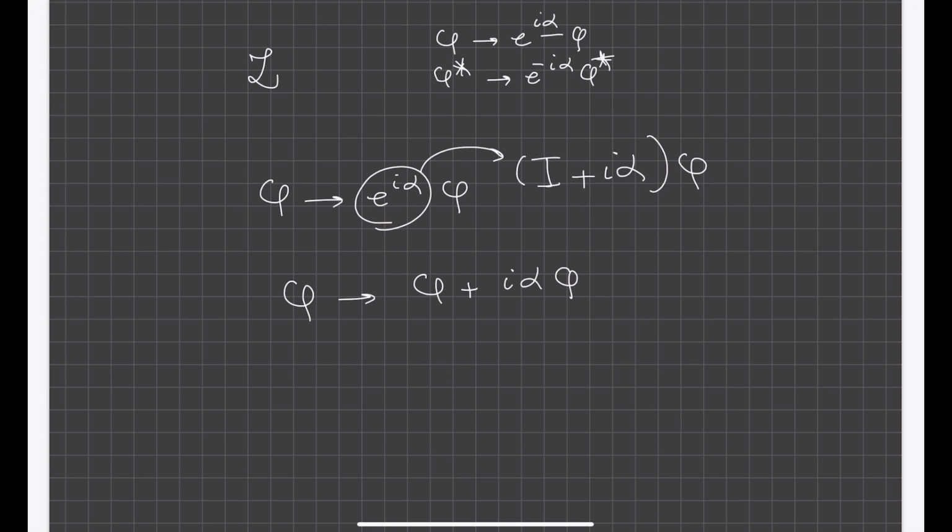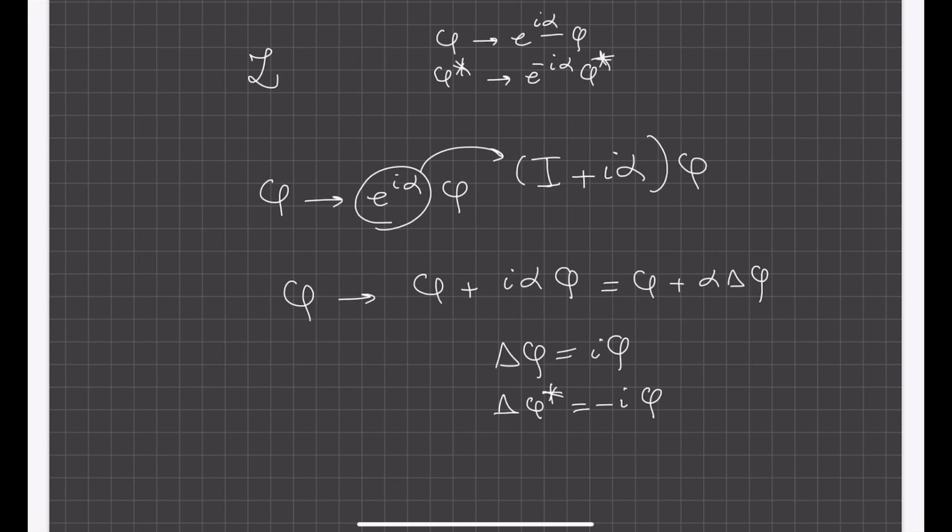And then now you think about this as alpha delta phi, then I can immediately identify delta phi is equal to i phi. And then delta phi star in the same way is equal to minus i phi star.